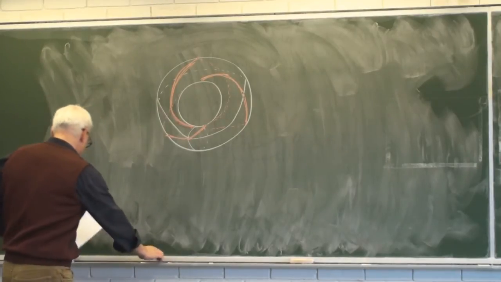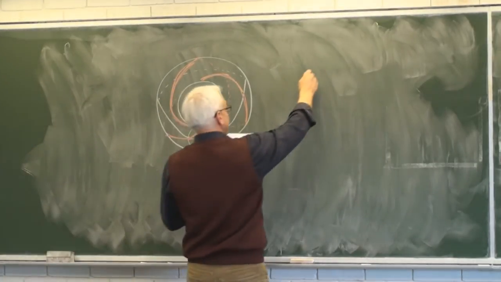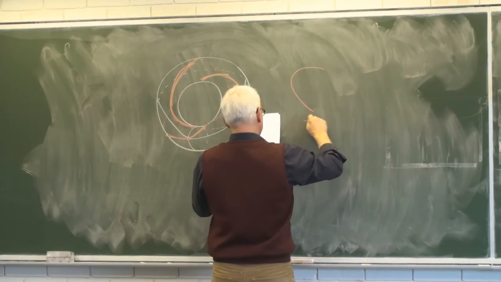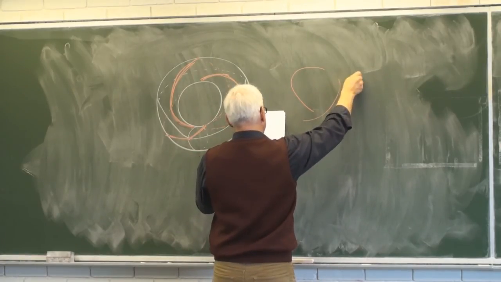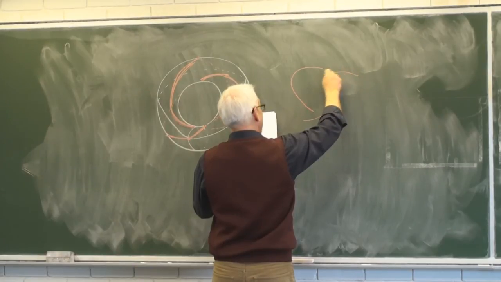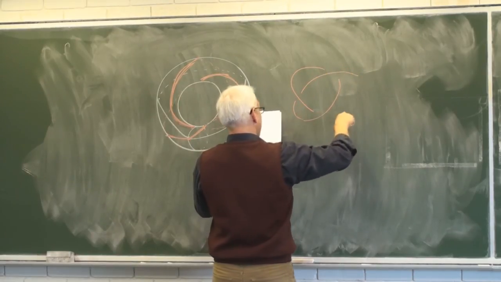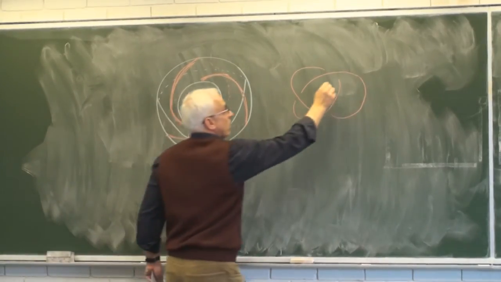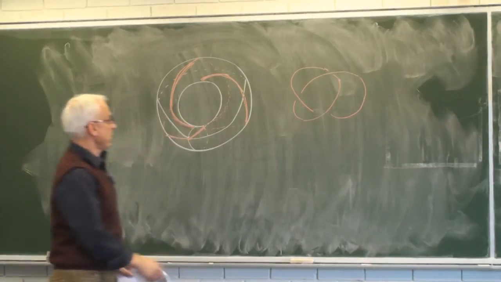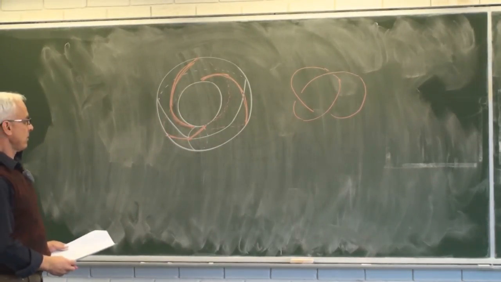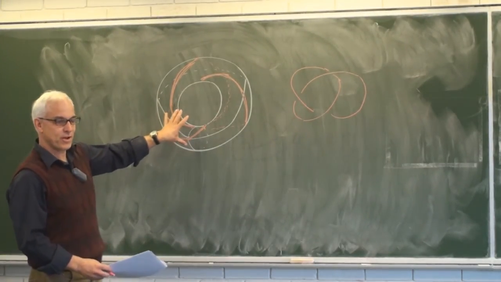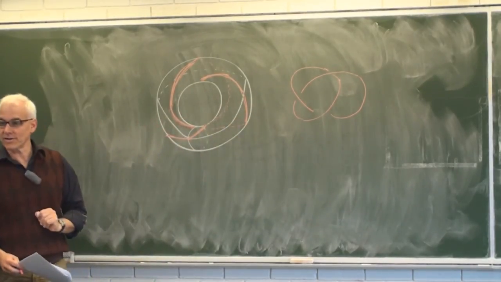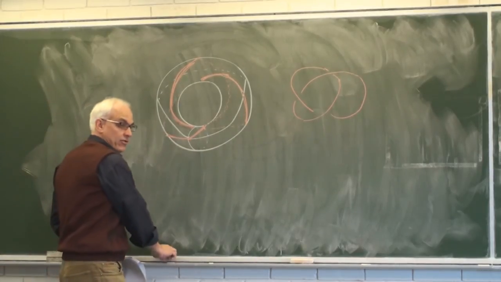Okay, and then if we remove the torus, then we would get, so I'm hoping that if you look at this and you imagine removing the torus, you can see that the knot that we get is the trefoil knot.